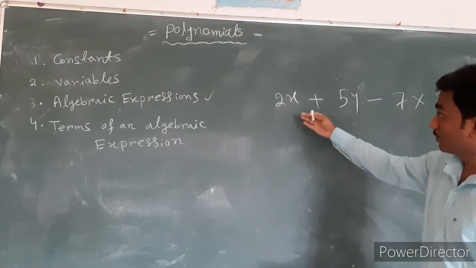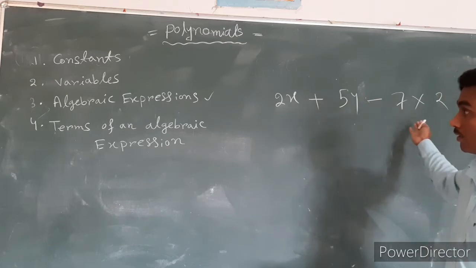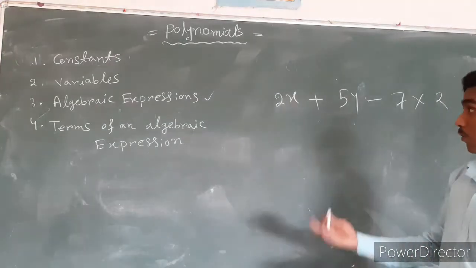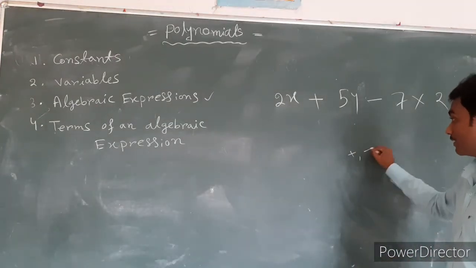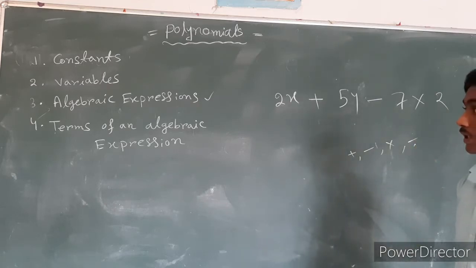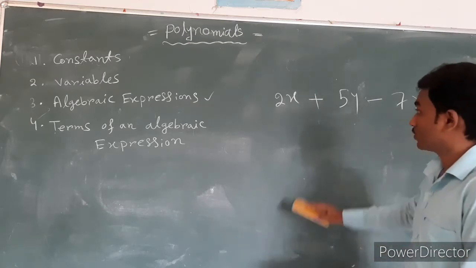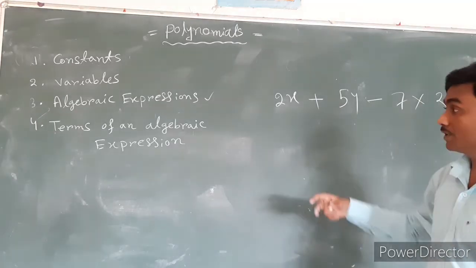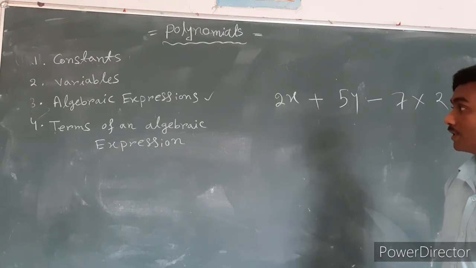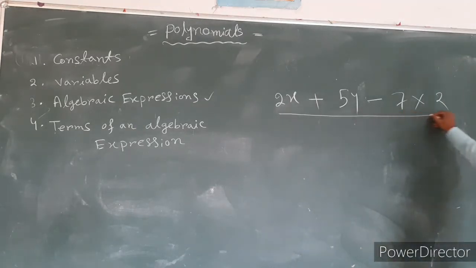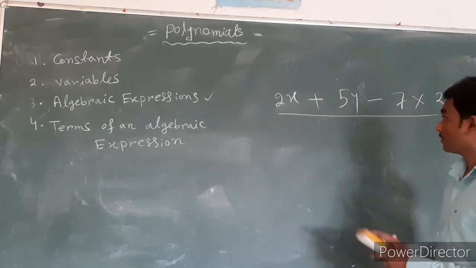So the combination of constant and variable connected by some operation or all the operations, that is plus, minus, multiplication, division, is called algebraic expression. So the combination of constant and variable connected with any of the 4 fundamental operations or all the fundamental operations is called algebraic expression. So this is an algebraic expression.